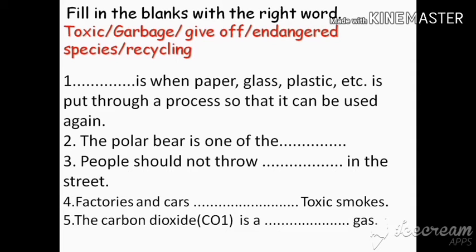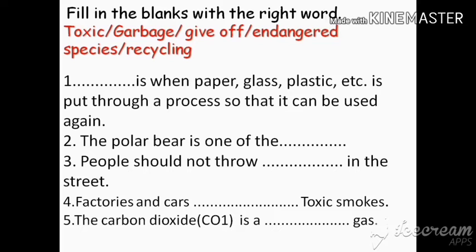Number 2, the polar bear is one of the. 3, people should not throw in the street. Number 4, factories and cars, toxic smokes. The carbon dioxide is a gas, right? So here you can pause the video for a while and do the exercise, right?